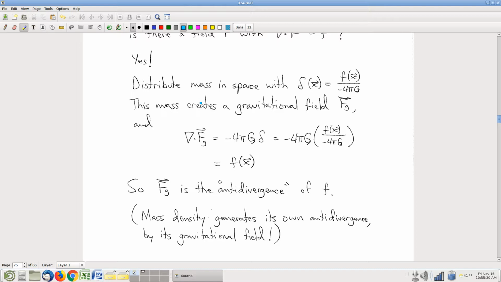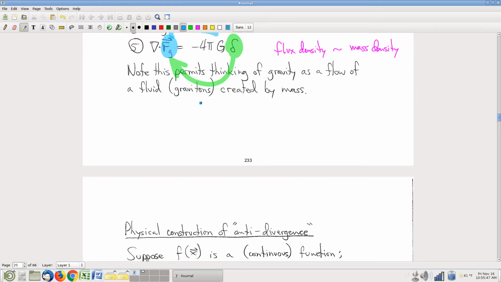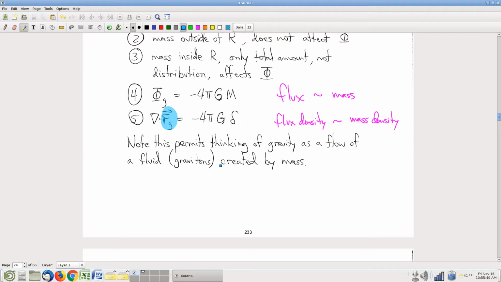I'm a big believer in the following last observation I'll make about this, and that is, if you want to have sort of a physical metaphor, how do you think about divergence? Mass is a great way. It's a great physical metaphor because of this fact right here. What does divergence look like? Divergence looks like density. Some constants involved. Whatever, those are constants. Divergence looks just like mass density.